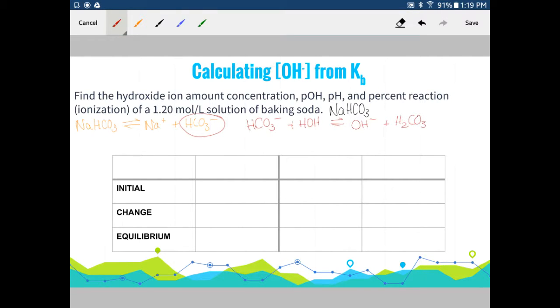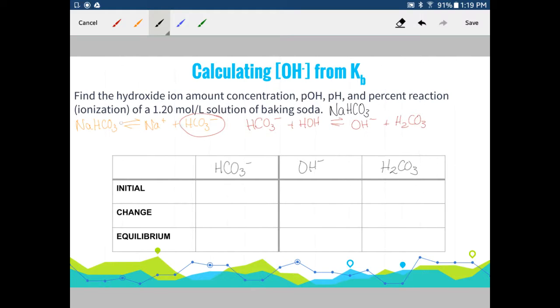Okay. Now, another thing we need to take a look at is plugging some of these values into a table, and some preliminary calculations that we can do to solve this. So again, our initial reaction is going to be of HCO3 minus, and our products are going to be hydroxide ions and carbonic acid.